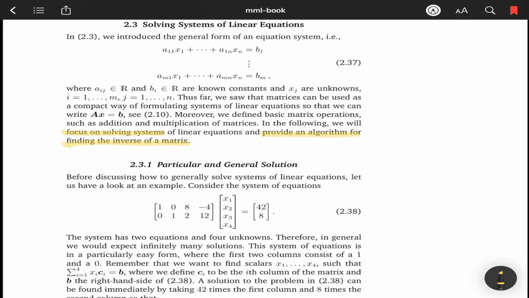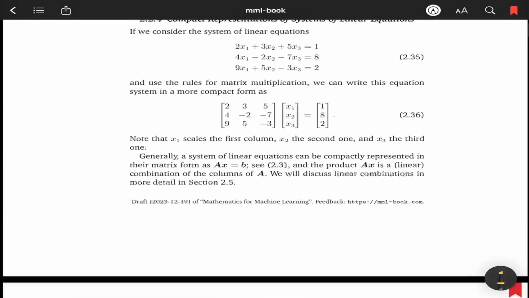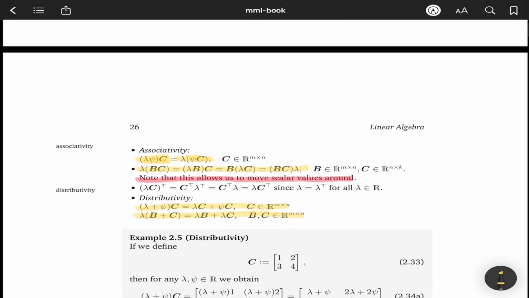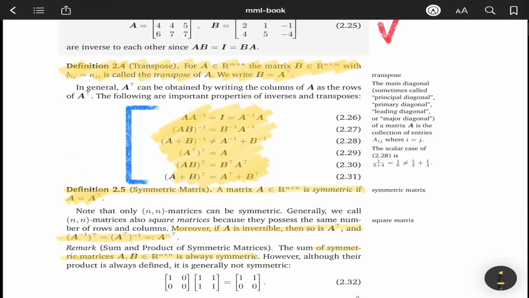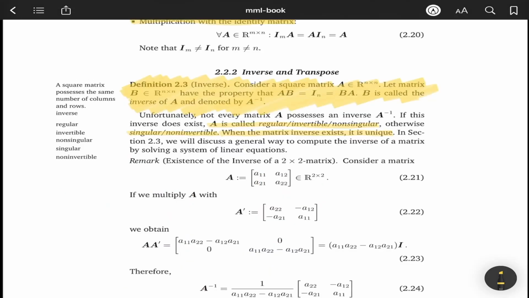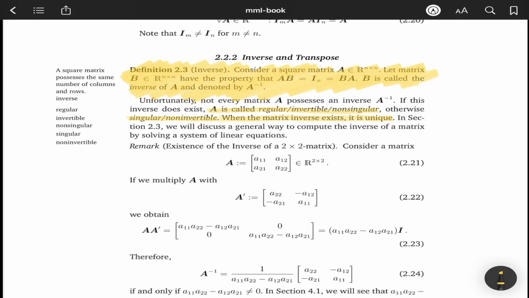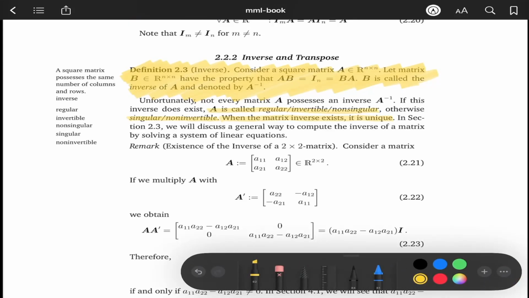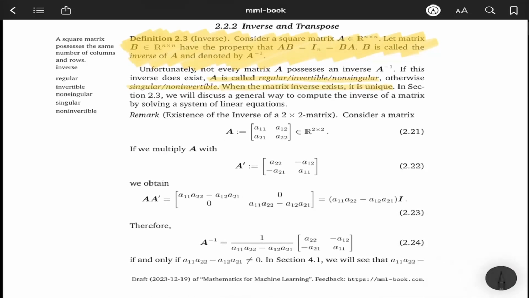And we have to remember, not every matrix has an inverse, but the shape, I think, is not important here. If we go back, here the inverse. Yeah, when a matrix inverse exists, it is unique. Okay, in this case, the matrix is always a square matrix. But could you have an inverse of a non-square matrix?